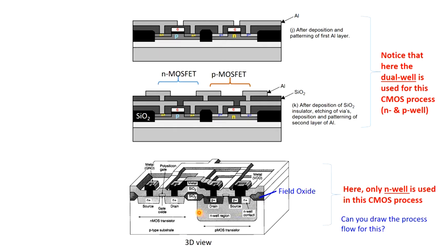For example, considering only N well region or only P well region or the dual well, as well as creating the body contacts. For example, here it has been shown N plus. Similarly, you can create P plus for creating a contact to this body, right?